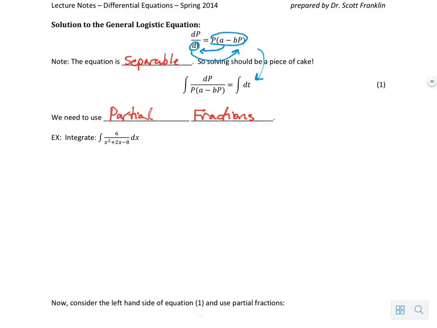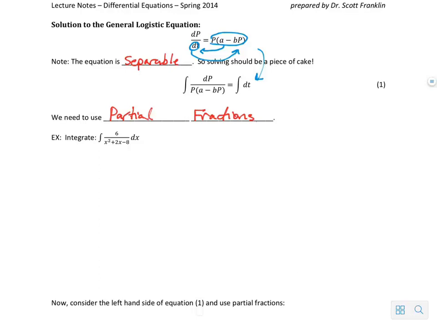Integrate 6 over x squared plus 2x minus 8. All right, so what's your first step if you're going to integrate that? You obviously can't use substitution, because if you did use substitution for the denominator, you would need an x term on top, right? And you don't have an x term on top. You need a constant term on top, which we do, but we can't just use substitution.